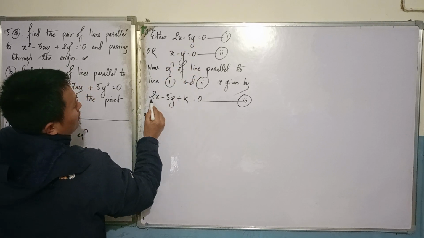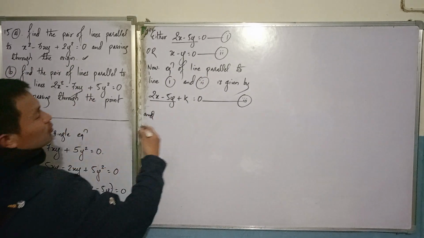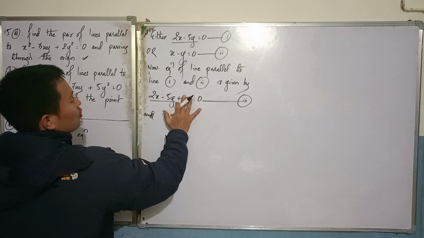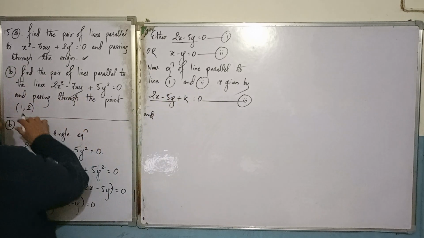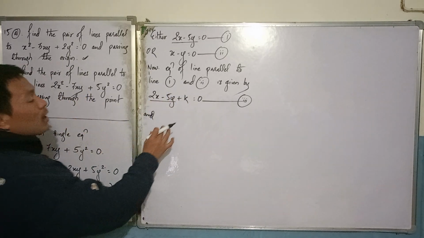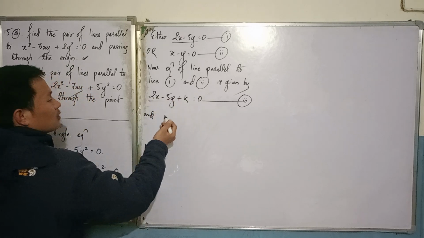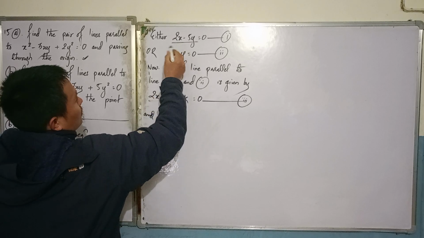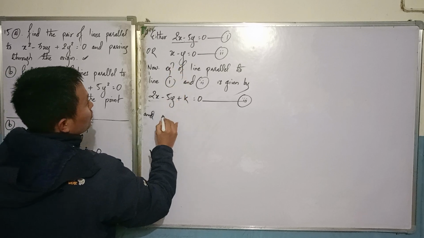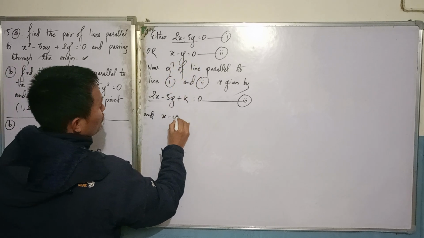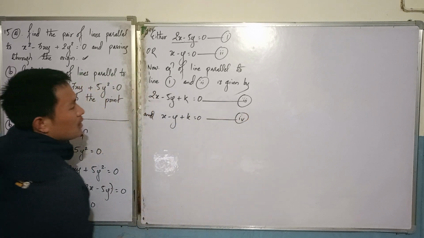In case of parallel, these terms will be unchanged, and plus k since it passes through (1, 2). If it passes through the origin, the constant term will be nothing, but since it passes through the point (1, 2), I have given here k. Later you have to find the value of k. So the equation of the line parallel to this line is given by this, and the line parallel to x minus y equals 0 is given by x minus y plus k equals 0. Let's consider this IV, respectively.